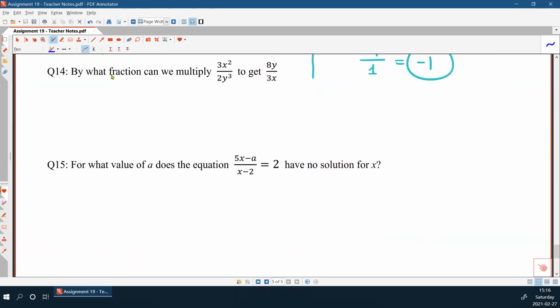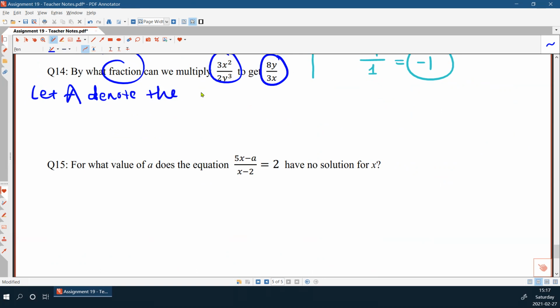Question 14, you want to find a fraction. This fraction multiplied by this one gives you this one. So we can use a letter A to denote the fraction you want.